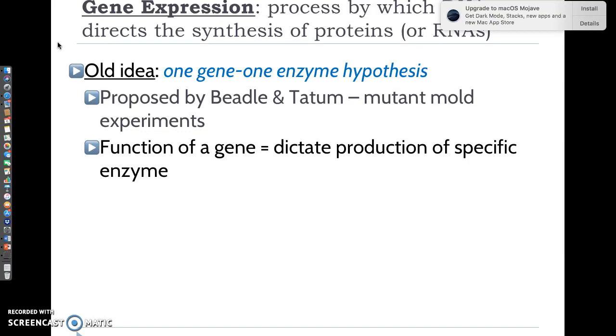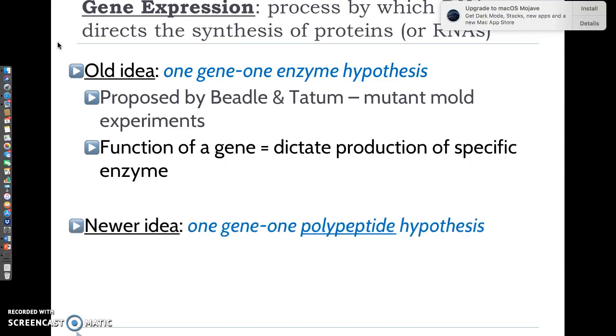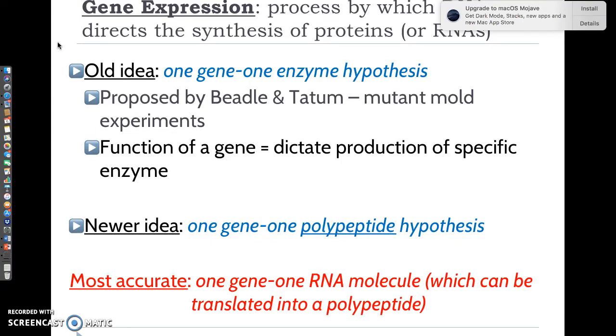So the problem with their experiment was that not all proteins are enzymes. So a newer idea is that one gene makes one polypeptide. The most accurate description of gene expression is that one gene makes one RNA molecule, which is down the road going to be turned into a polypeptide.